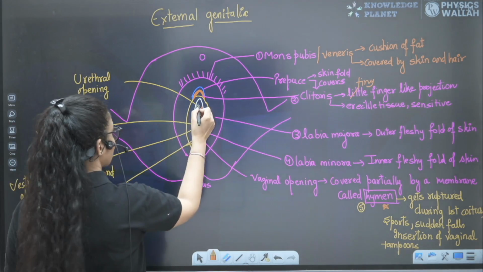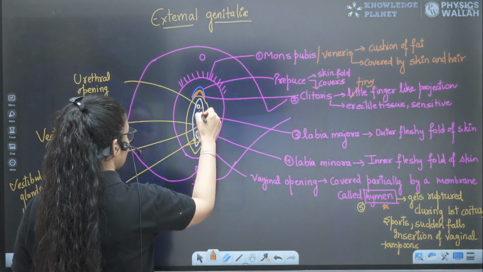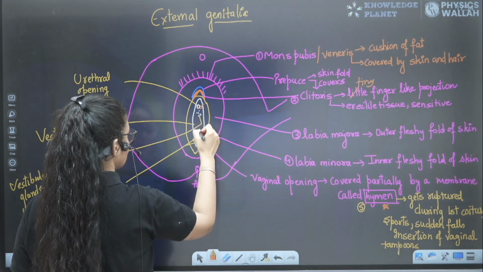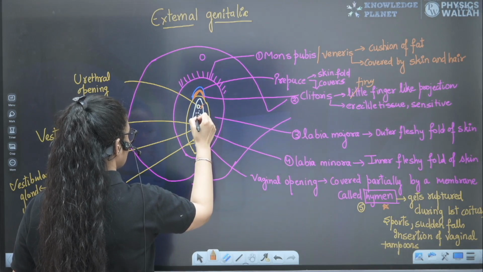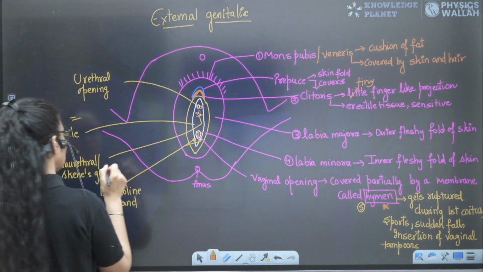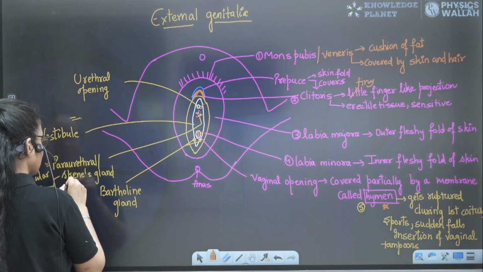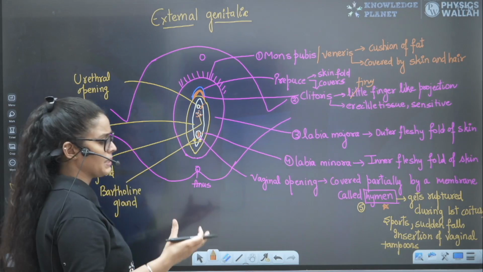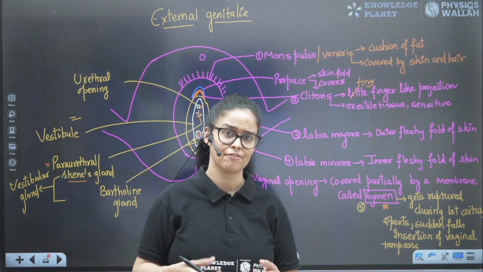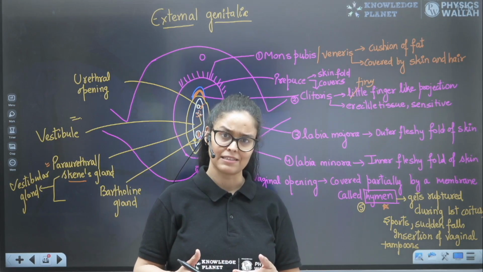Then the space covered by the labia minora is the vestibule, having the urethral opening, the vaginal opening, plus some vestibular glands. The gland present near the urethra is known as the paraurethral or Skene's gland, and the other one is the Bartholin gland. Both of them secrete a lubricating fluid, mucus and alkaline solution, right?